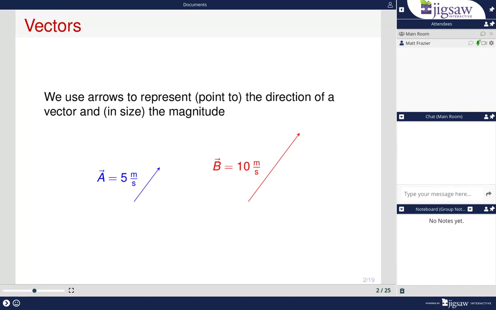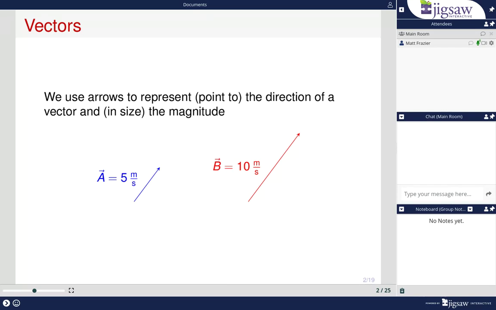You can find your location and see which way the wind's blowing, and how fast by how big the arrow is. They'll also give you a map that has temperature on it, and temperature is a scalar. It just tells you the number value. There's no sense of direction with temperature.